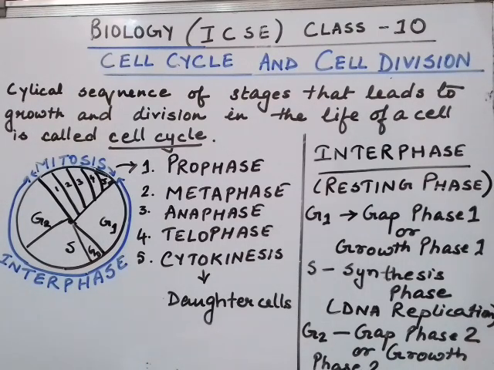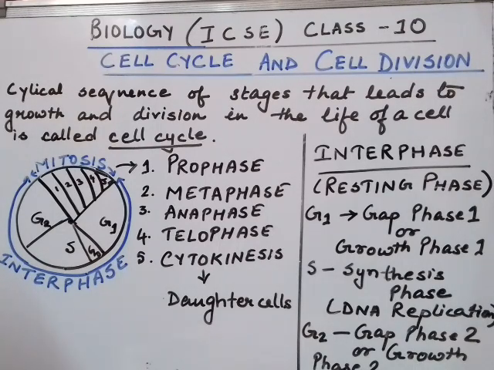In our syllabus, that is the rules and regulations prescribed by the council, we have to study mitotic cell division as well as meiotic. Meiotic is a very superficial knowledge we need to get, but mitosis or mitotic cell division has to be read in the fullest way to attempt the different questions that would be set in the examination.